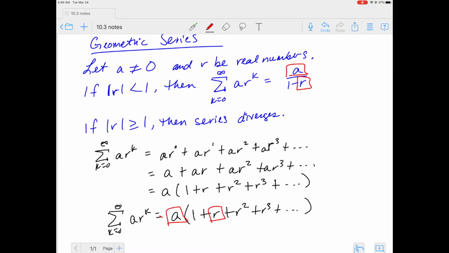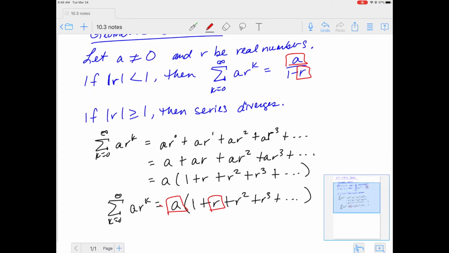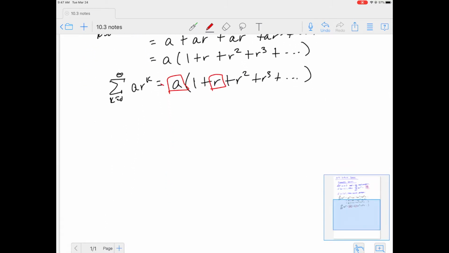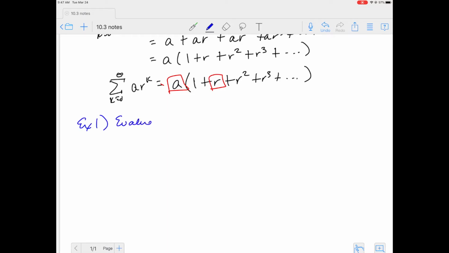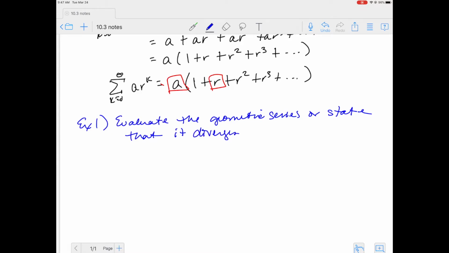So let's do an example. So here's our first one. Evaluate the geometric series or state that it diverges. Okay, so I have my geometric series going from 0 to infinity of 1.1 to the k.